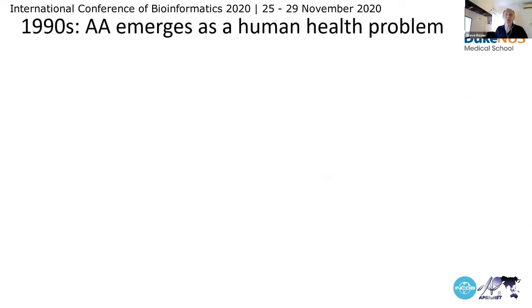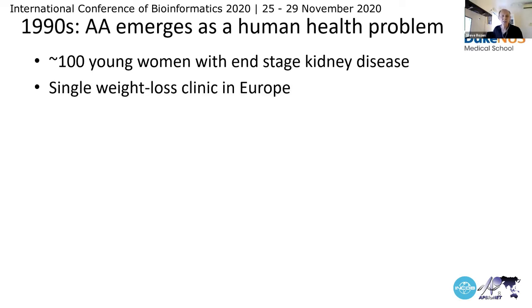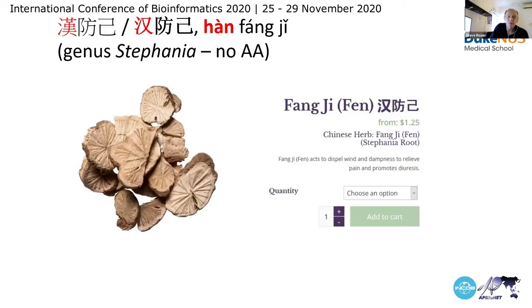And AAs emerged as a human health problem in the 1990s when about 100 young women with end-stage kidney disease, all attending a single weight loss clinic in Europe, at which the clinic replaced one kind of fangji, Han fangji, with a different kind of fangji, Guang fangji. So this is the harmless one, Han fangji.